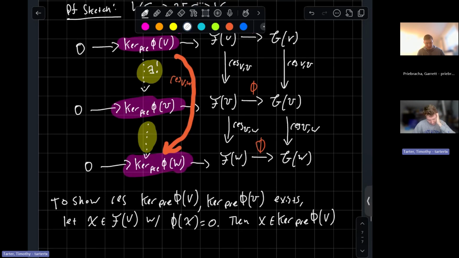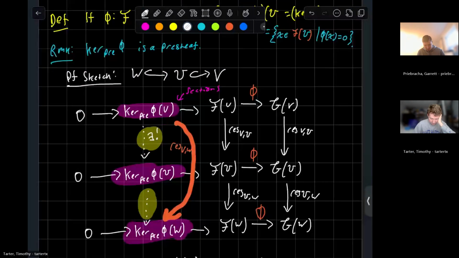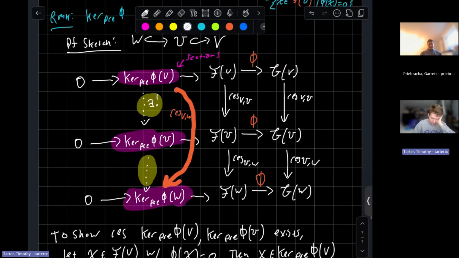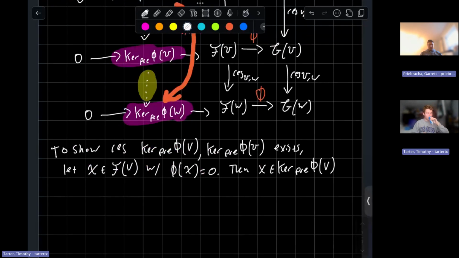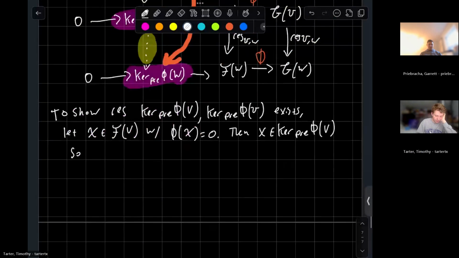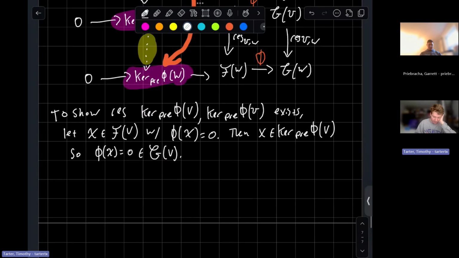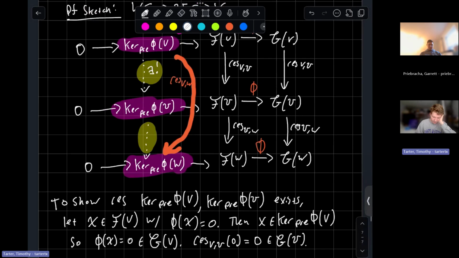And so then, let's see. So phi of X is equal to 0 in G of V, but then res V to U of 0 is equal to 0 in G over U. The 0 section.